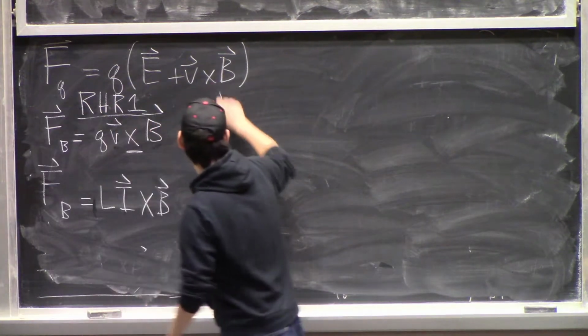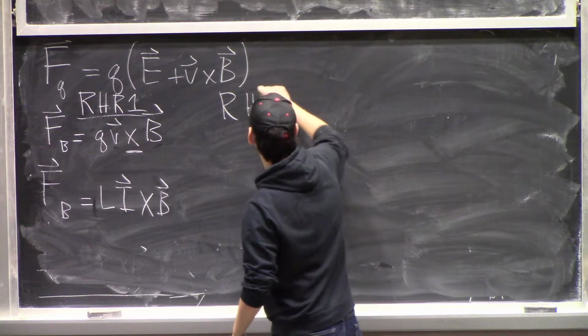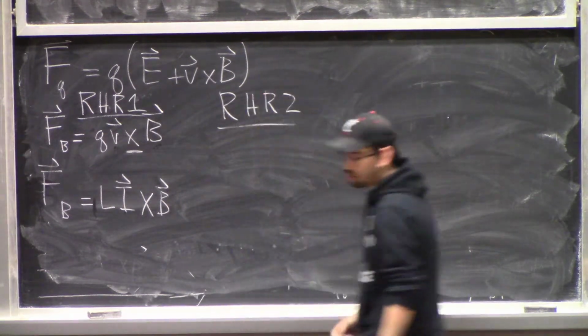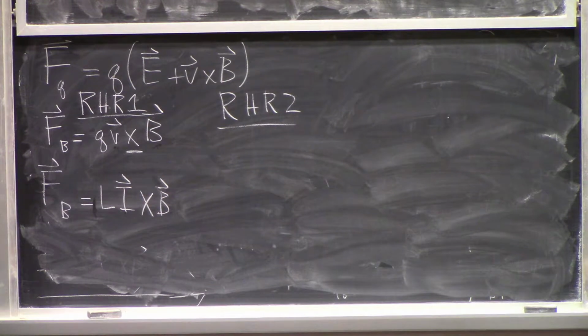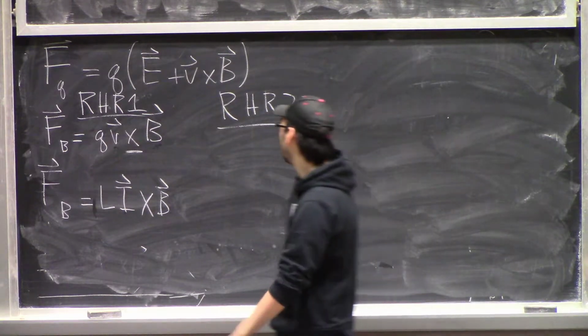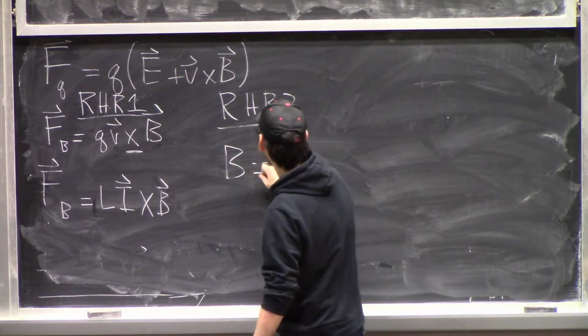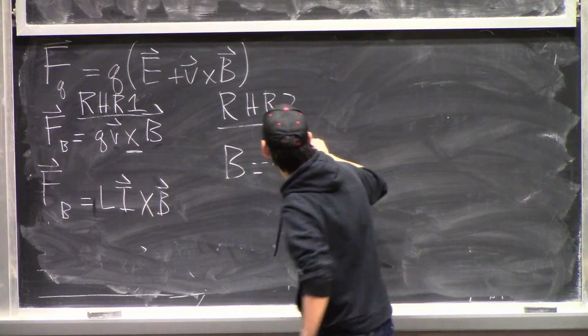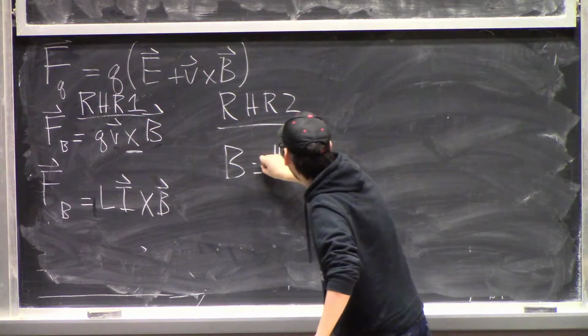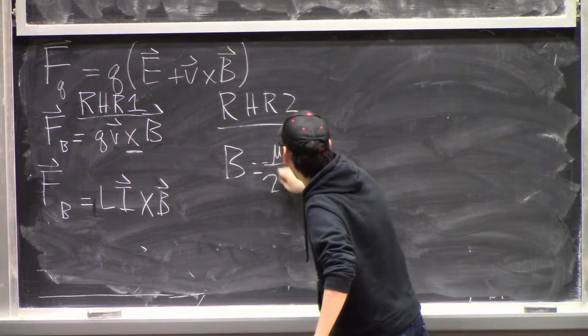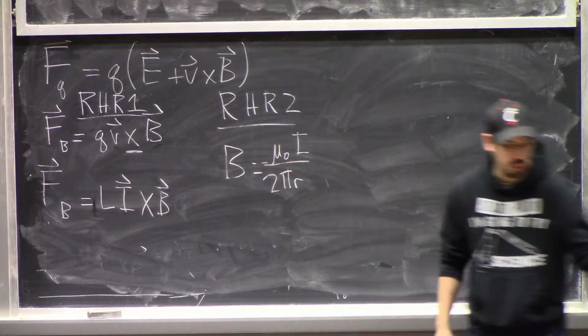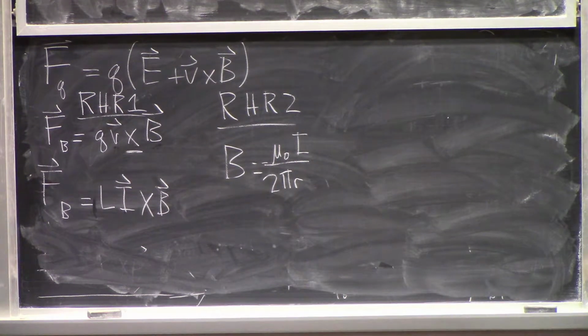Second way you can apply the right-hand rule. So this is what I called right-hand rule 2. This is to find the direction of a magnetic field produced by a current carrying wire. So the associated equation says that the magnetic field is going to be equal to the permeability of free space times the current divided by 2 pi times the distance away from the wire that you're making your measurement of the magnetic field.